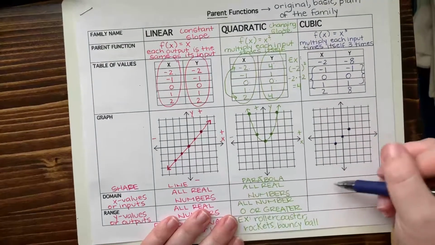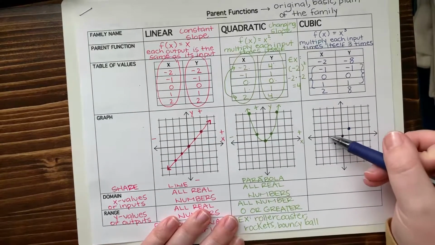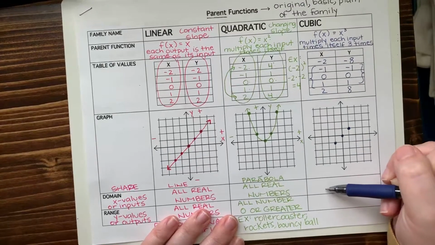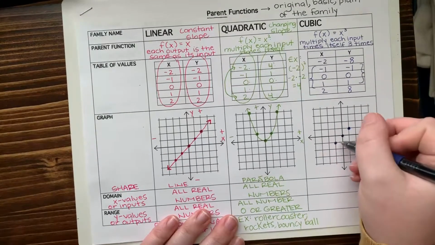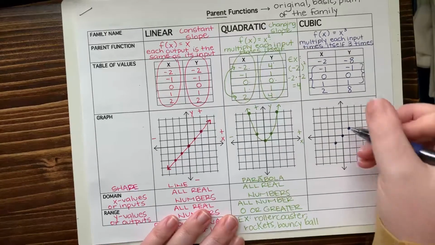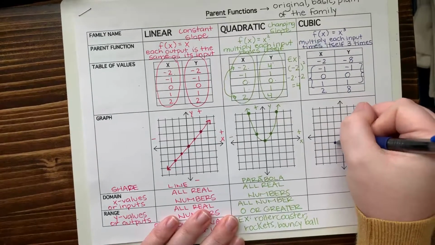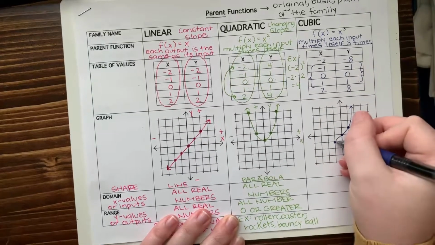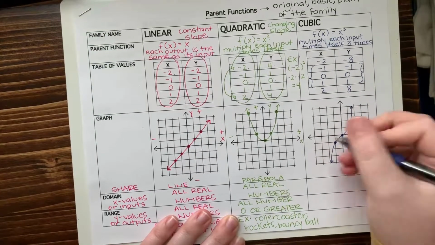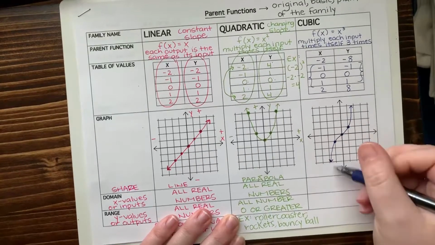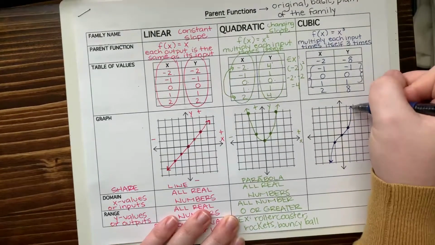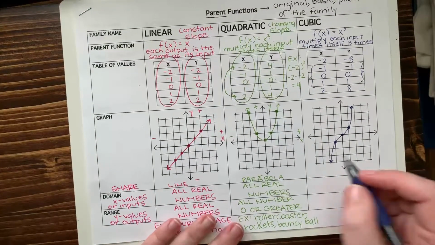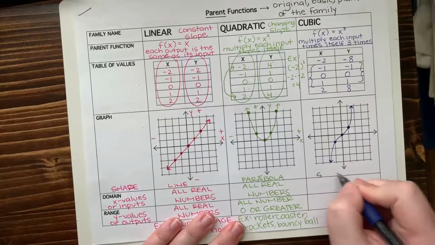But we also know that our next point, if we did -2, -8, would be somewhere down here. So we have to show that that's the direction that it's going in. So this is going to be a little squiggly like this, showing that the next point is way down here and way up here for +2. So that is the shape, kind of makes an S shape.